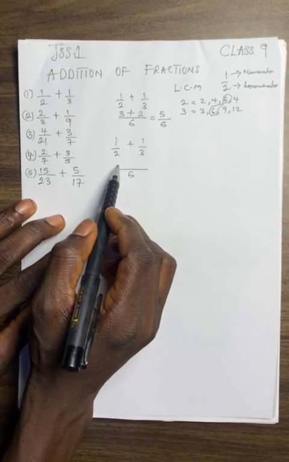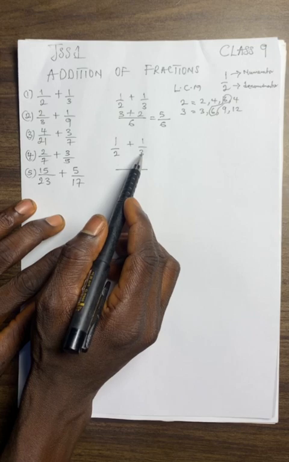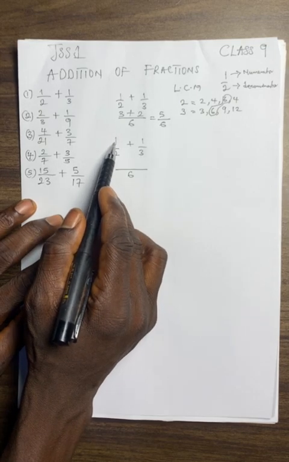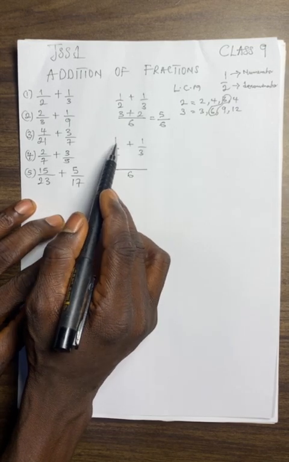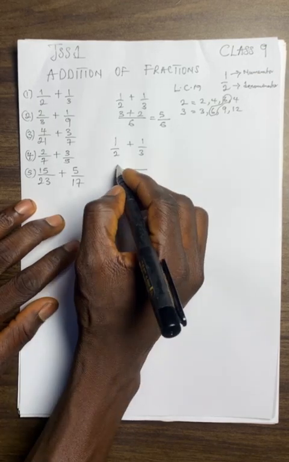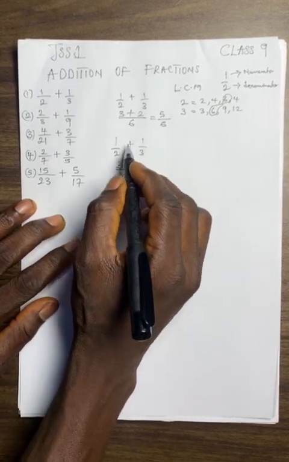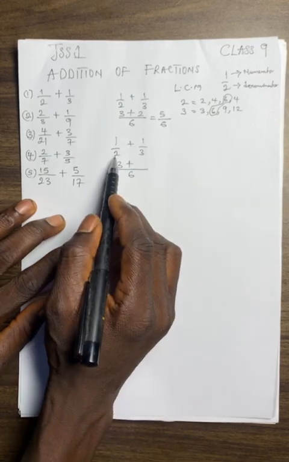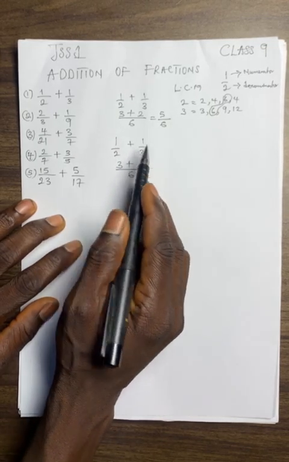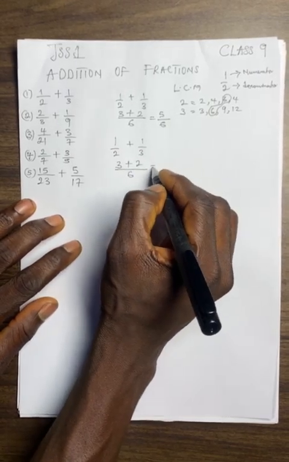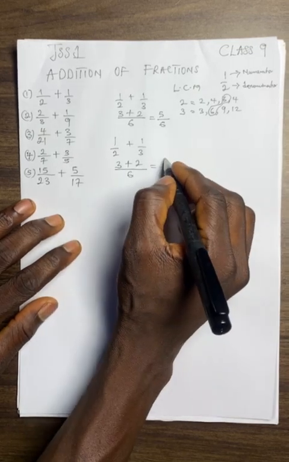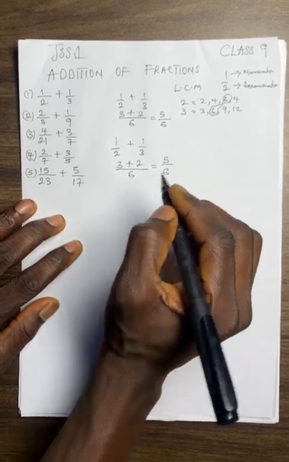Then for the numerator, multiply this denominator with the numerator here. That is, 3 multiplied by 1 will be what? 3. The same way, your addition sign will come down. Then 2 multiplied by 1 is 2. Then add these 2 together. 5/6.